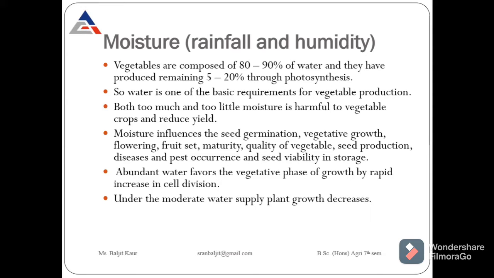Abundant water favors the vegetative phase of growth by rapidly increasing cell division. So when a lot of water is present, then vegetative growth will be more. Under a moderate water supply, the plant growth decreases. So there should be a proper water supply for the normal growth of the vegetables.